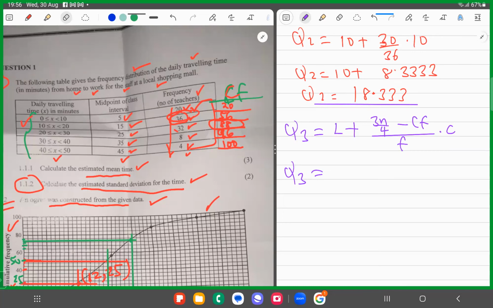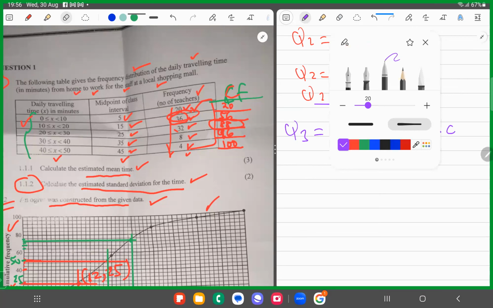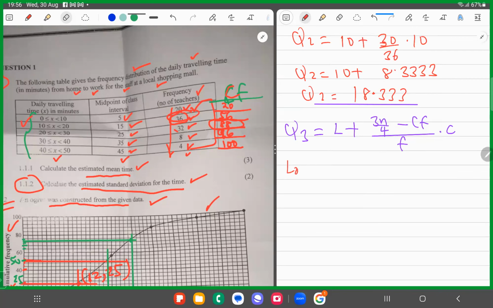All right. Okay, we'll continue. Right, so what is the lower class boundary? What is the lower class boundary point? L. Lower class boundary point. So here you can say lower class boundary point. Okay, you need to write these things in your book.